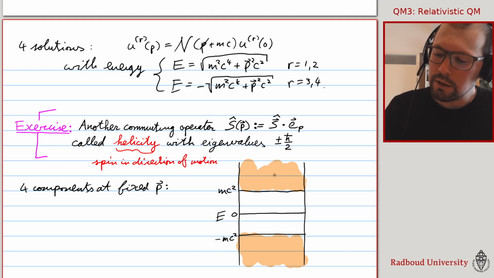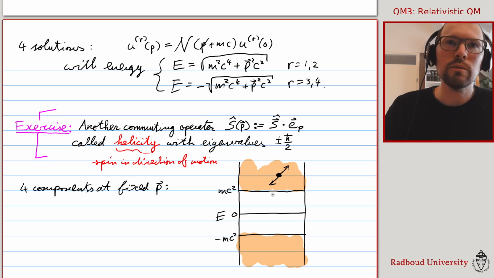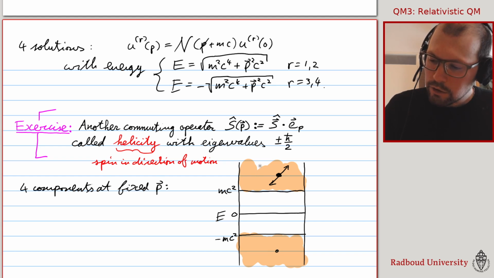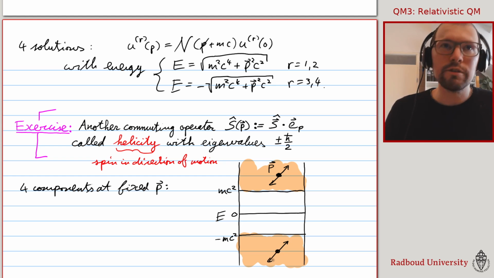And for a fixed momentum, you therefore have essentially 2 states, 2 helicity states, one in which the spin is aligned with the motion and the other one where it's anti-aligned. For that same momentum p, you also have the negative energy states with positive and negative helicity. So these are really the 4 components that are contributing.